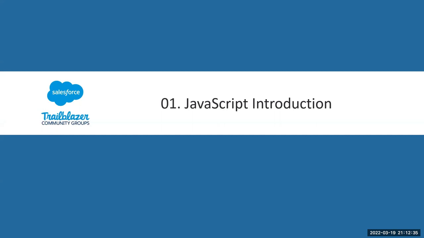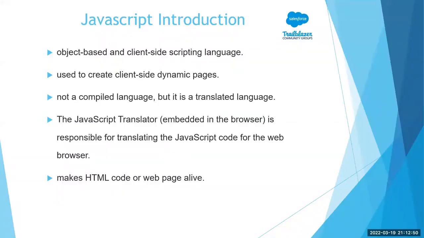We need both client side scripting and server side scripting to make any website successful. This is a part of front end development. This script will run in your browser. We'll start with the actual session today.